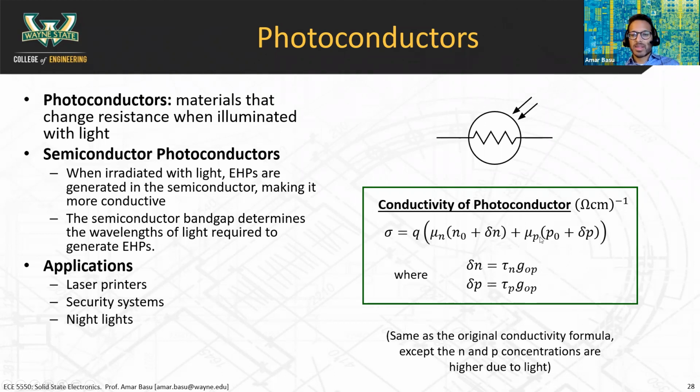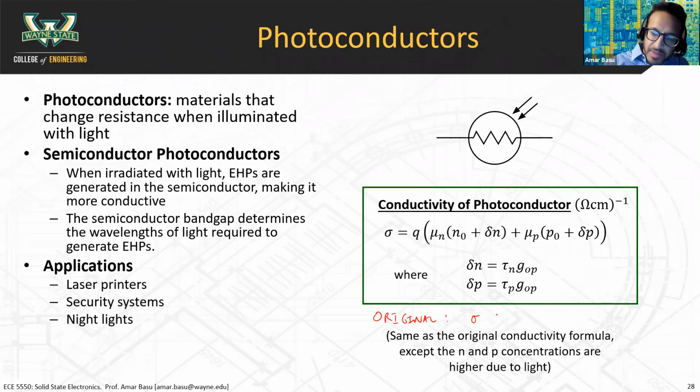I'm giving you this equation for the conductivity of a photoconductor. You'll have an example problem in your homework on this. I'm just going to put the original formula for conductivity of a semiconductor.